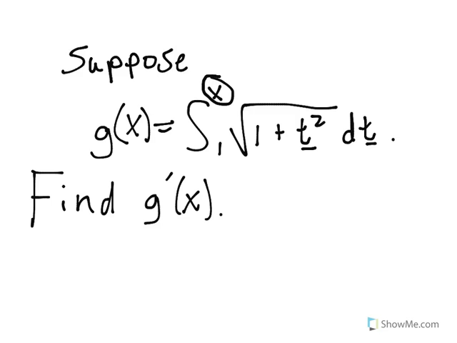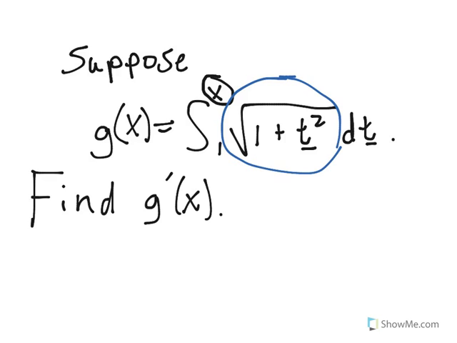Now what a lot of students want to do when they see a problem like this is they see something with a square root and a 1 plus t squared, and they want to start taking the derivative of this whole thing over here. It's not a bad thought, but it's not exactly what we want, because remember, g is not just the square root of 1 plus t squared. g of x is actually the integral from 1 to x of that function.